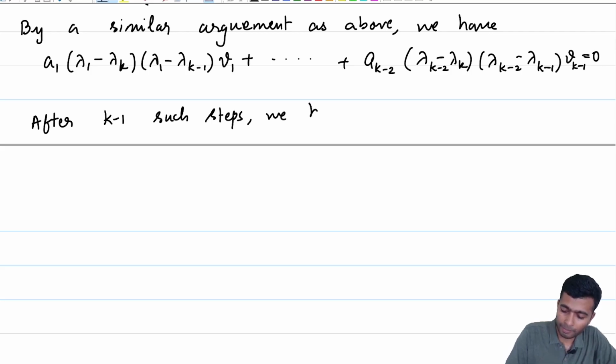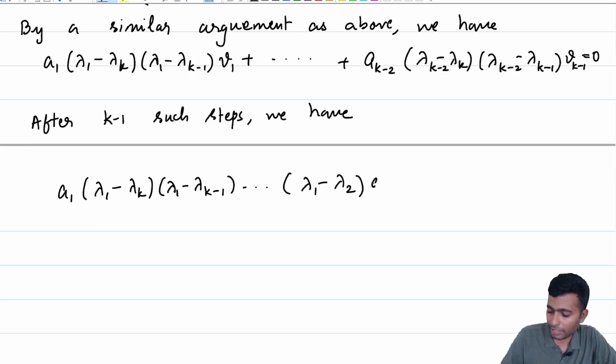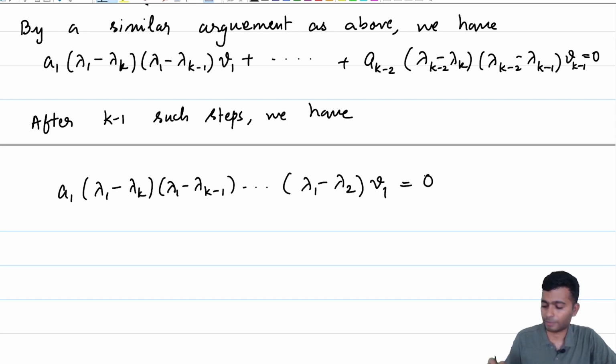We have A1 times (lambda 1 minus lambda k)(lambda 1 minus lambda k minus 1) up to (lambda 1 minus lambda 2) times V1 is equal to 0. But notice that the lambda j's are all distinct.